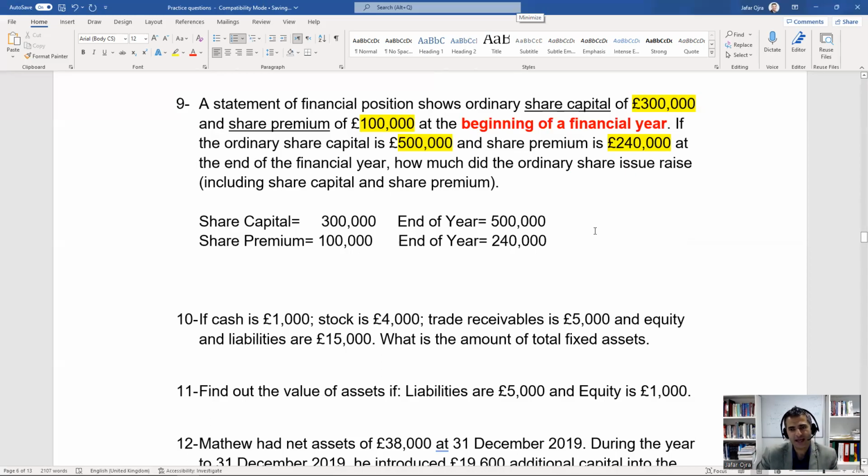So the question is now, how much did the ordinary share issue raise, including the share capital and share premium? In share capital, if you see the difference, it was 300 at the beginning of the year, and at the end of the year, 500. So increased by how much? 200,000.